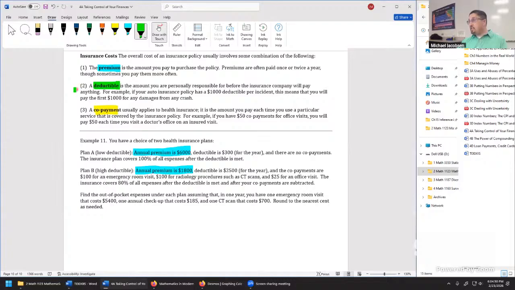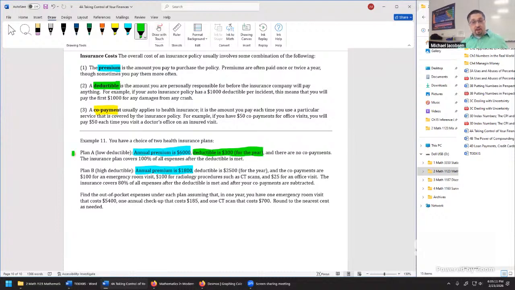After that is the deductible. Much like with car insurance, this is the amount that you're personally responsible for whenever an insurance event happens. Doctor visit, emergency room visit, maybe a lab appointment, something along those lines. For the low deductible policy, there's a deductible of $300 for the year, which is quite nice.